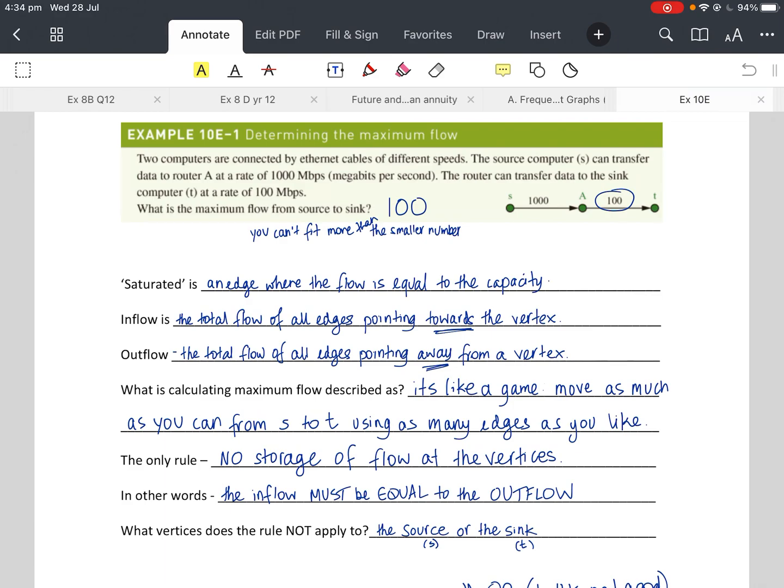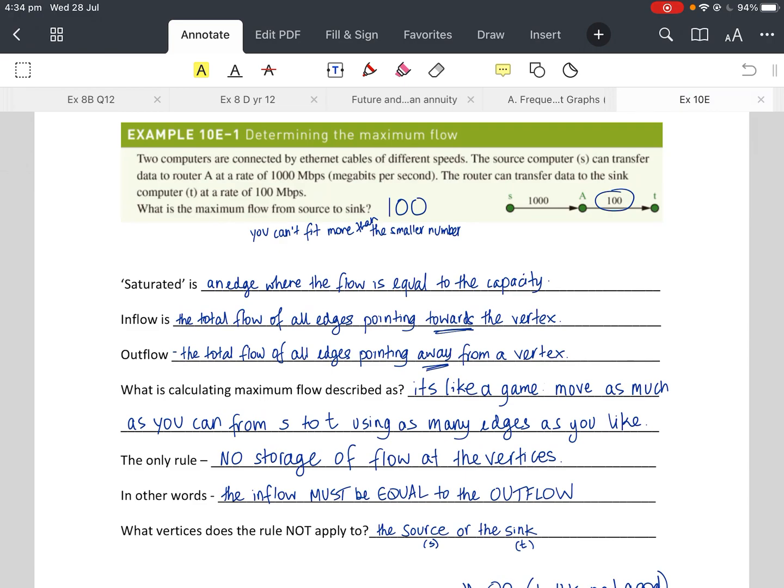Data can flow along the edge S to A at a rate of 1,000 megabytes per second, but it will get slowed down at vertex A because no more than 100 megabytes per second can flow along the edge AT. So the maximum flow from the S source to the T sink is 100 megabytes per second, okay? Gets a little bit harder when you get some other things in there.